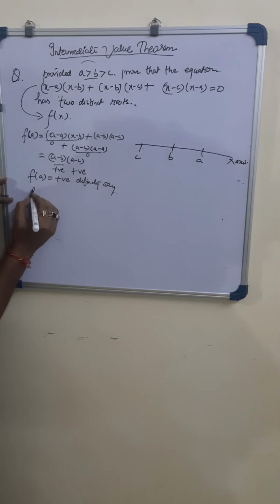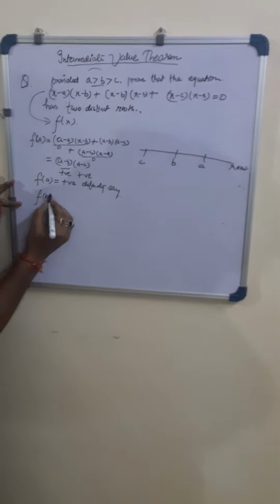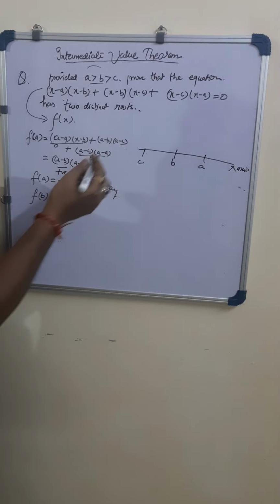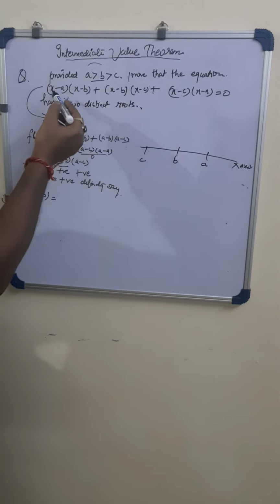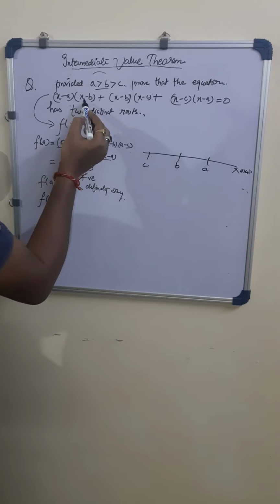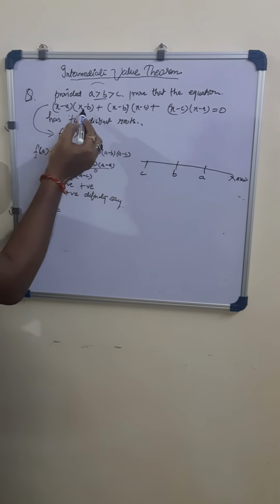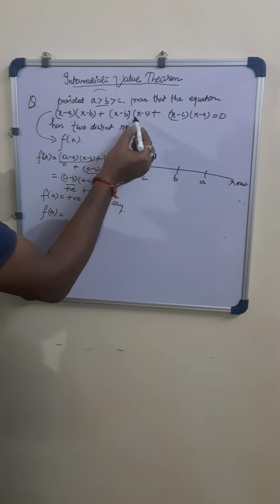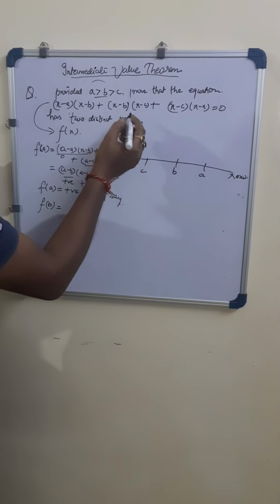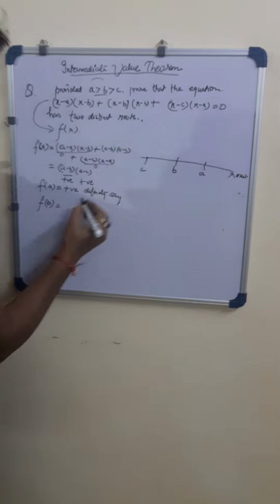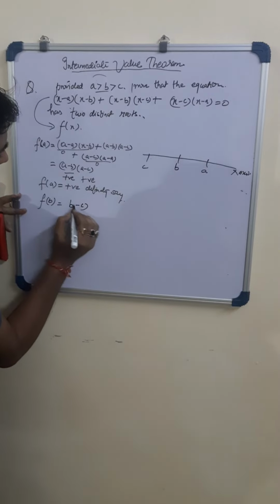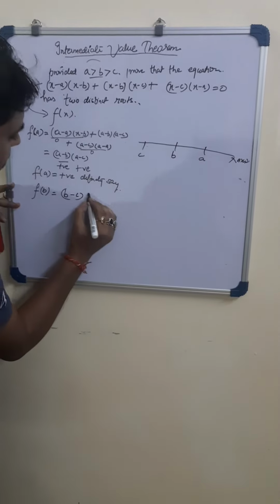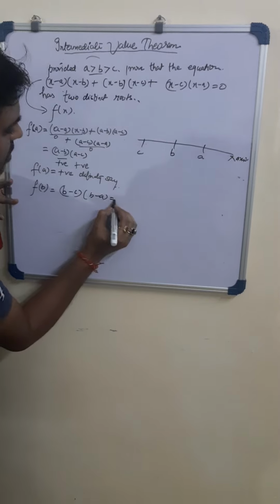Similarly, we'll put f(b) to arrive at what value we will get. Then b minus b equal to 0, so we will have nil value for this part. b minus b will be 0 again here, so we will be left with no value here. So finally b minus c and b minus a.